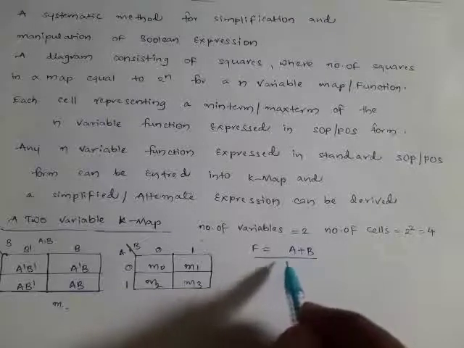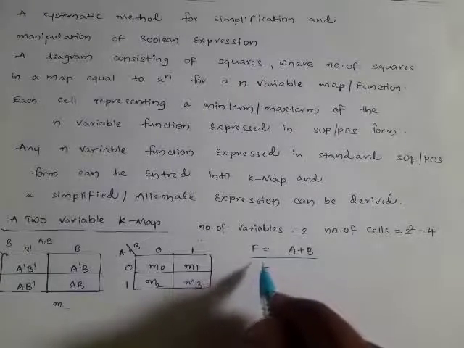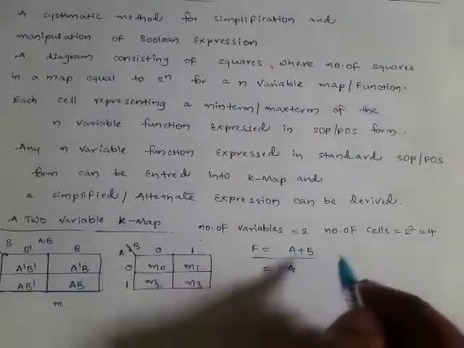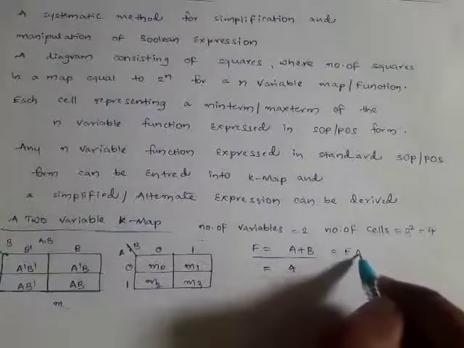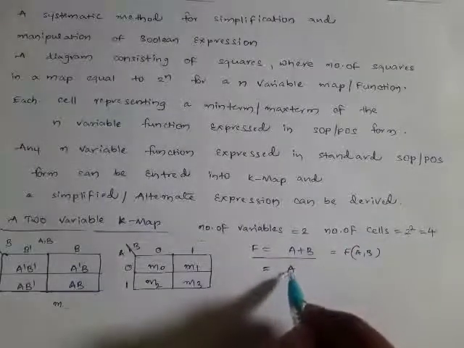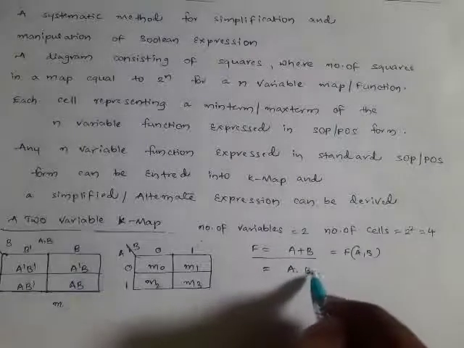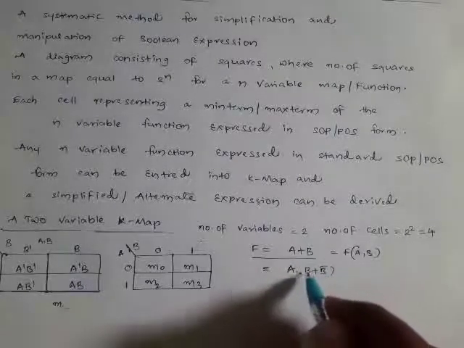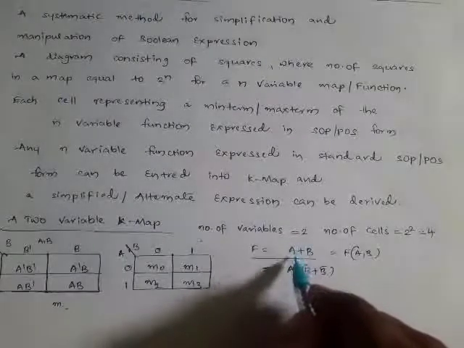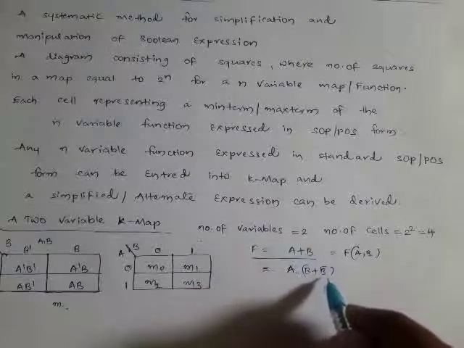have seen already what the method is, and that method we have discussed in the previous lectures. So since it is a two variable function, this can also be written as f of ab, a function of two variables. For each product term we have to multiply with the missing variable or with its complement. For this a product term, the missing variable is b, so multiply this a with b plus b bar.